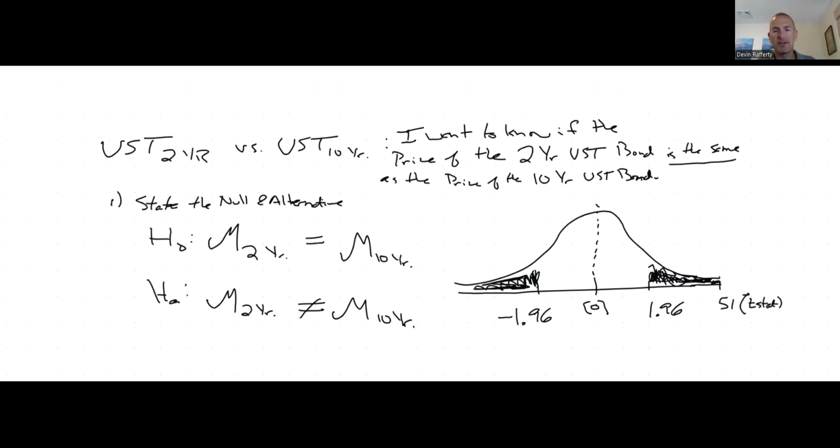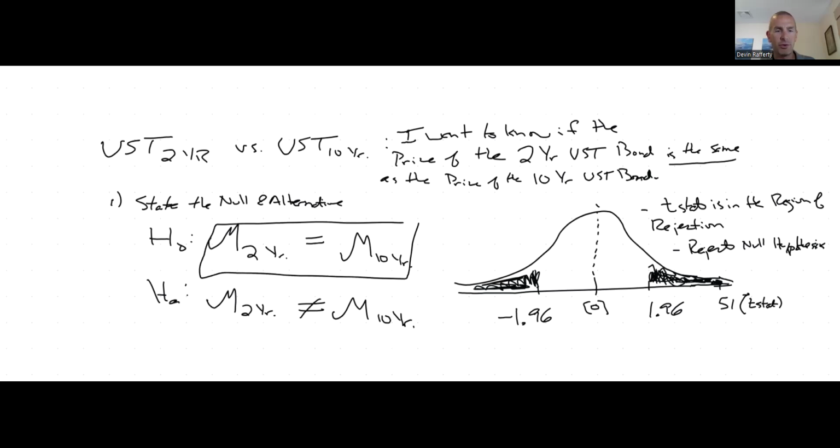So the test statistic is in the region of rejection. And therefore, we reject the null hypothesis.